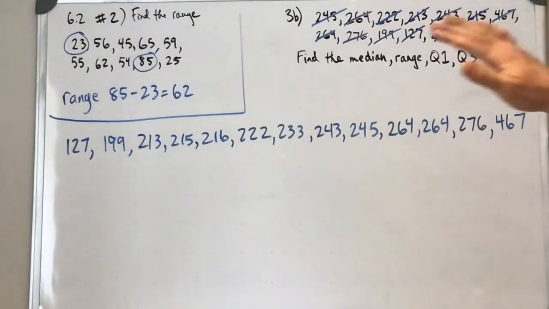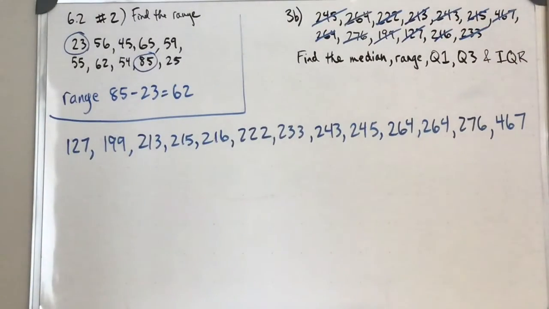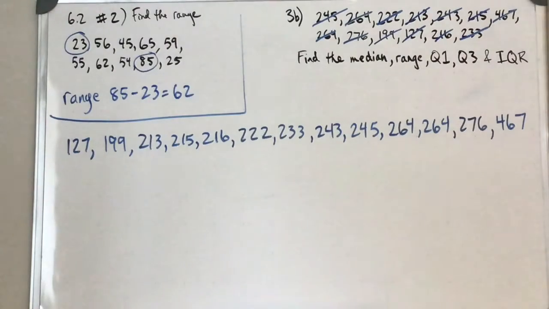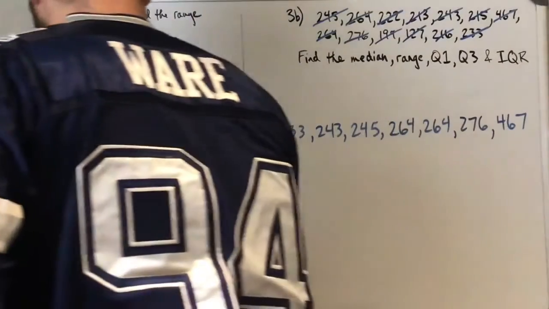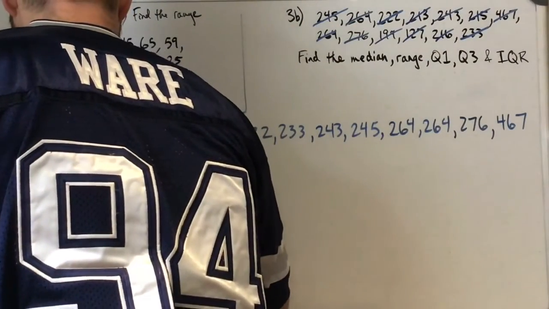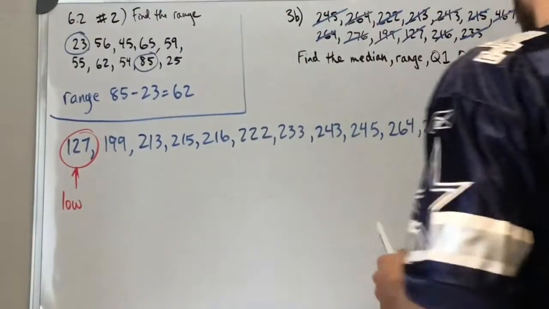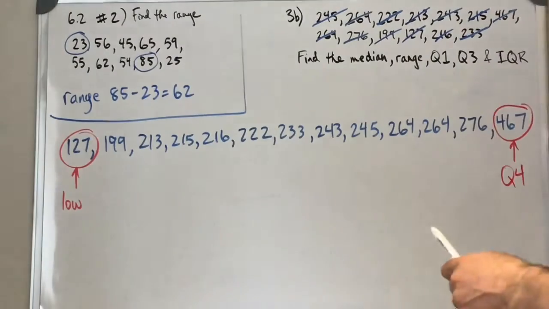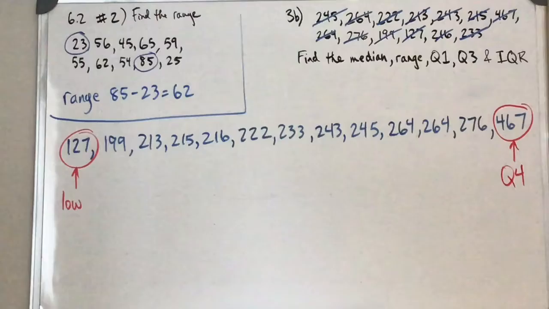So if we're going to need our median, range, quartile 1, quartile 3, interquartile range, it's going to be in our best interest to just find all the quartiles, because I think most of our information will be found there. So our low value and our fourth quartile are the easiest ones, but they weren't really what we're needing here.